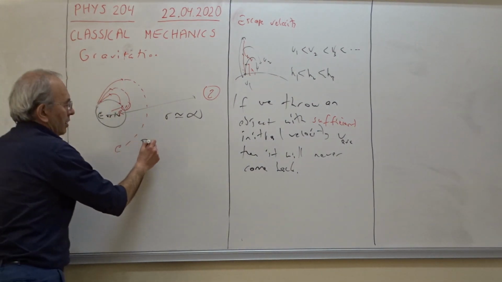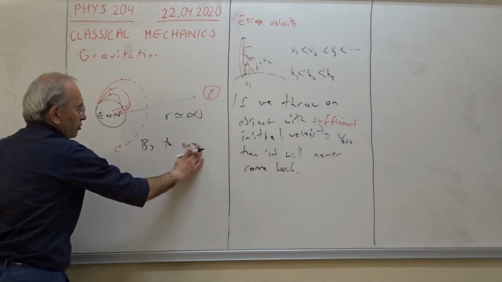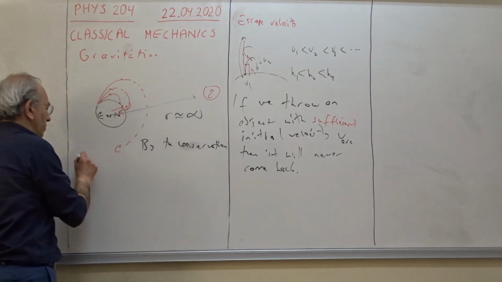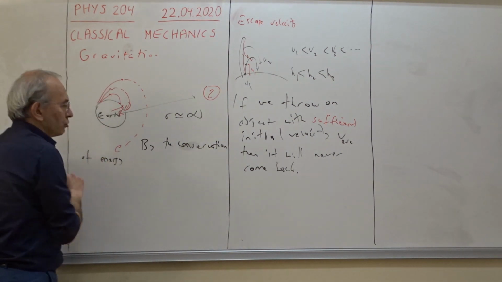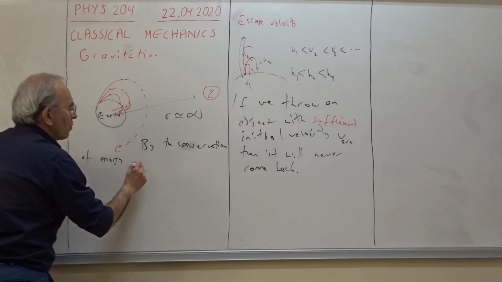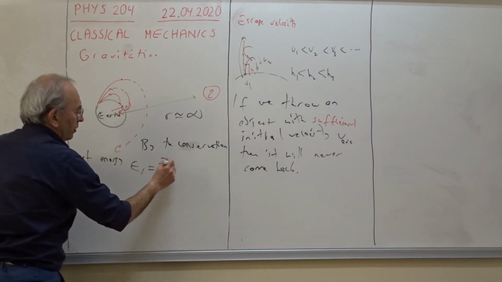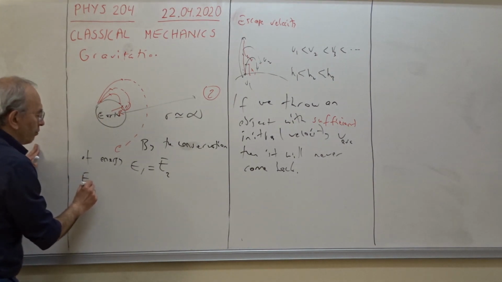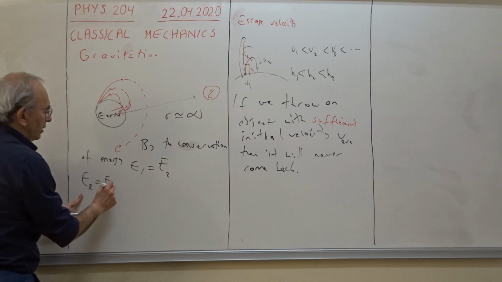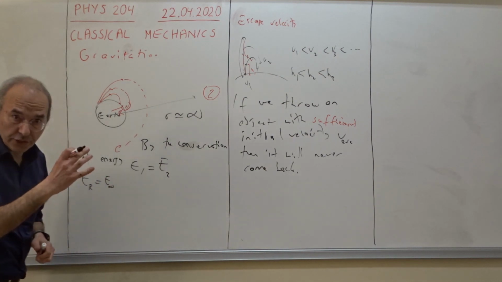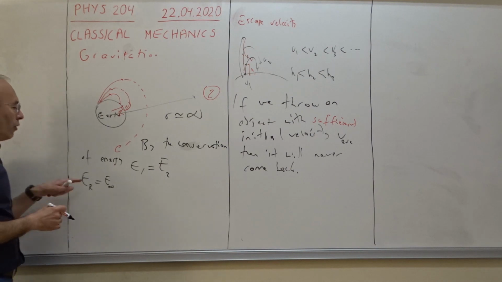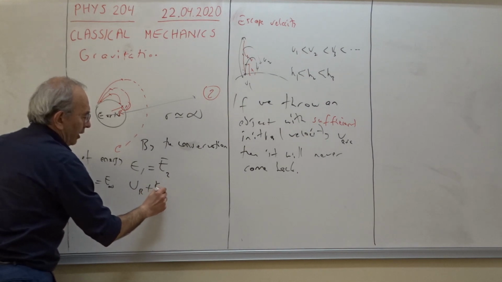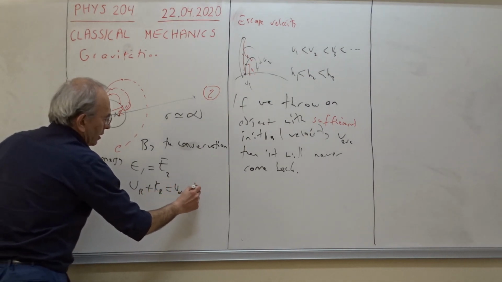By the conservation of energy, E1 is equal to E2. In other words, E at the position R is equal to E at the position at infinity. What is the total energy here? For instance, U(R) plus K(R) equals U(infinity) plus K(infinity).